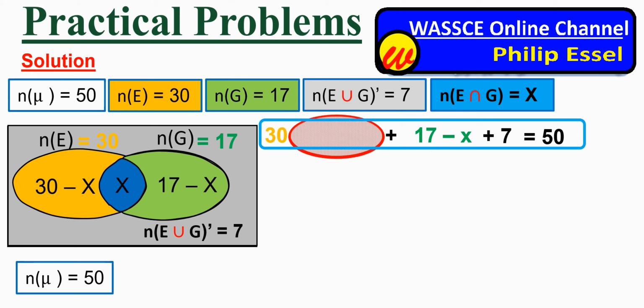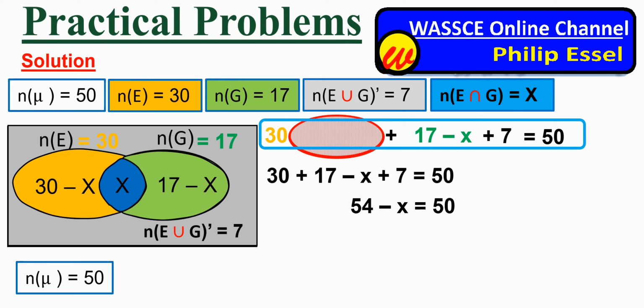We now have 30 plus 17 minus x plus 7 equals 50. 30 plus 17 plus 7 will give us 54. So we will now have 54 minus x equals 50.